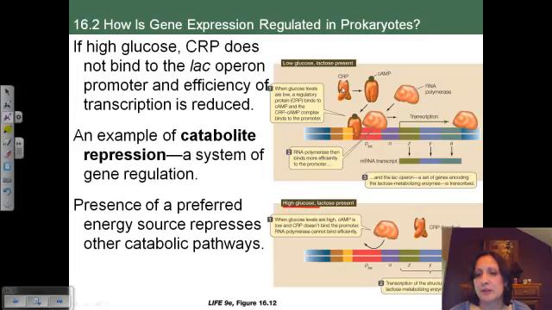Remember, here the CRP binds with the cAMP, binds to the promoter, and enhances this process. Here, the CRP does not bind to cAMP, and therefore the RNA polymerase can bind and transcribe these genes, but it's going to be turning down the volume. We're going to be making less of that. It's a way for the bacteria to control which food sources it's using, which pathways are more efficient for it.